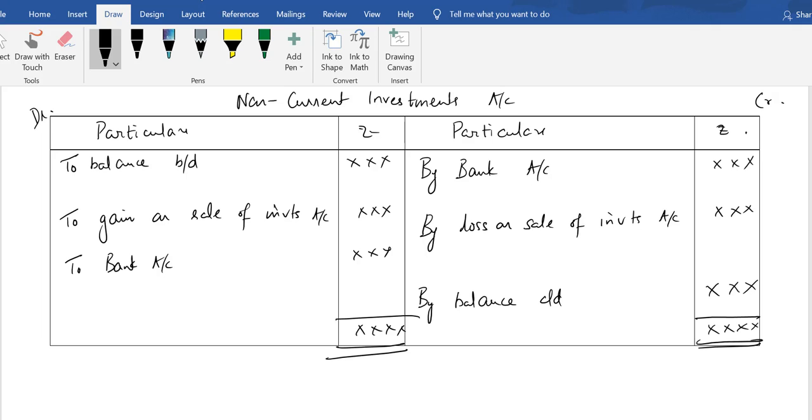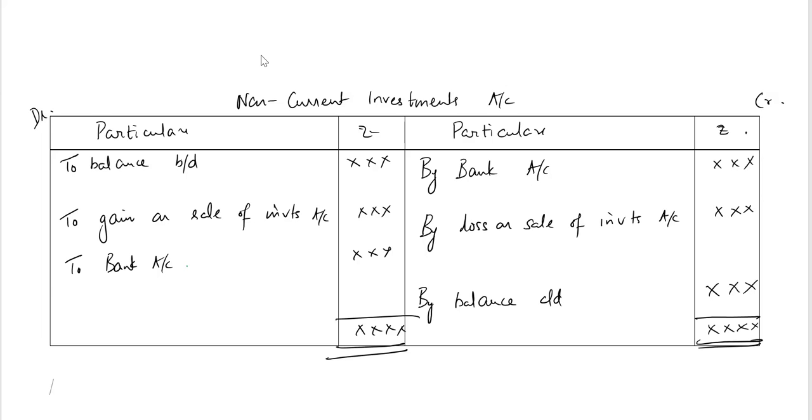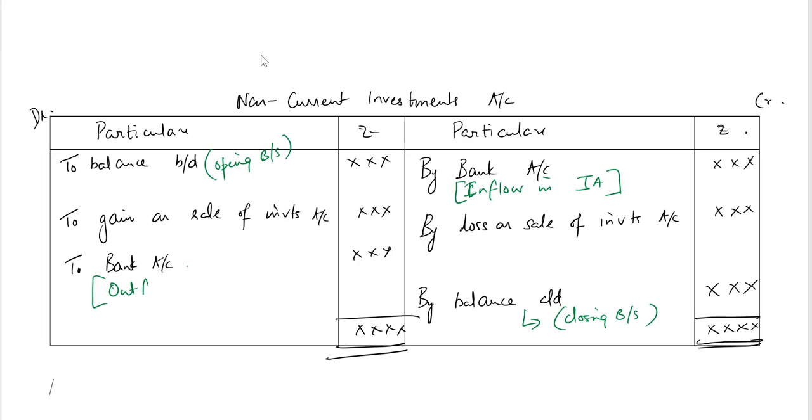Let's see where each of these items appear in the cash flow statement. The opening balance of non-current investments, we can get it from the opening balance sheet. The closing balance, we can get it from the closing balance sheet. Where there is a sale of investments, it will be shown as inflow in investing activities, and any purchase of non-current investments will be shown as outflow in investing activities.